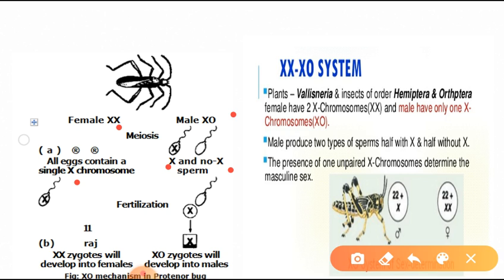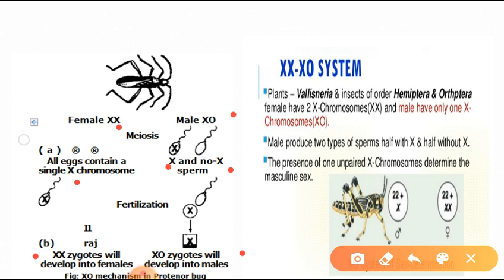When a sperm carrying the X chromosome fertilizes the egg, the resultant will be a female insect. But when a sperm not having the X chromosome fertilizes the egg, it will develop into a male insect. So in insects also, sex is determined by the male.